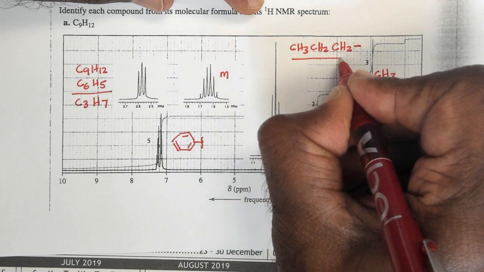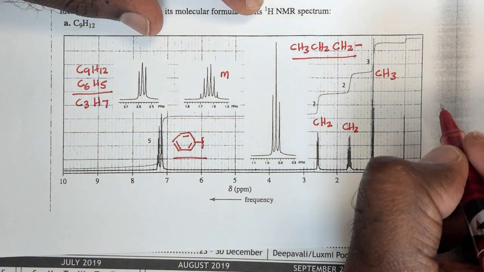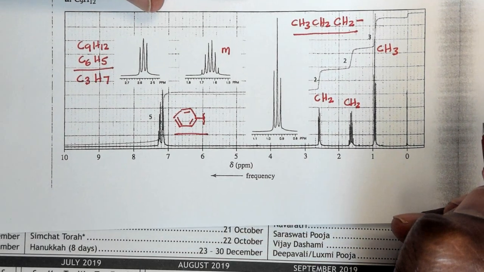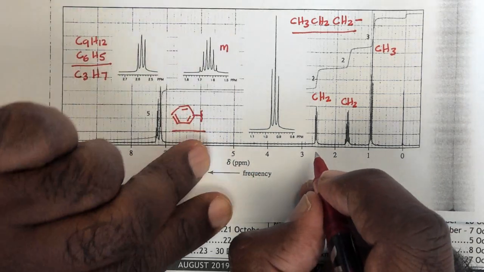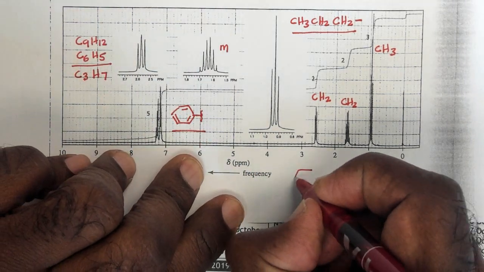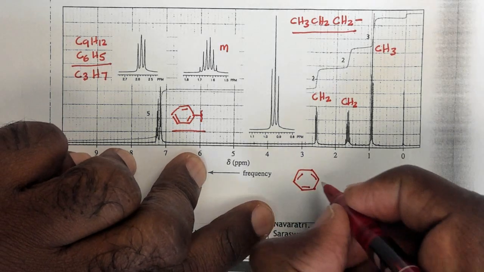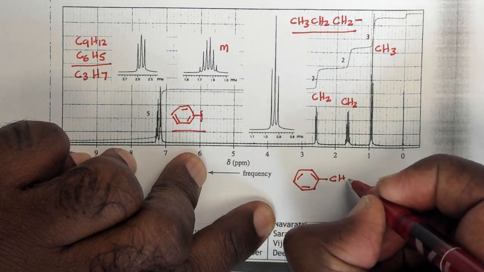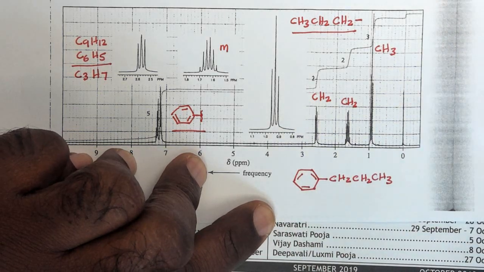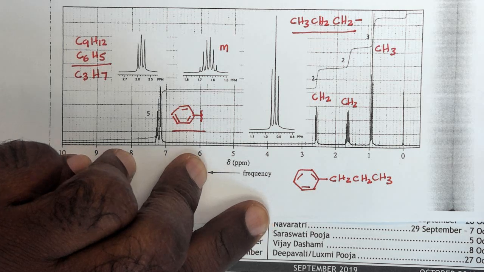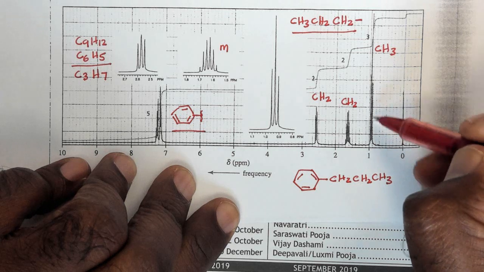So I have this particular fragment and this particular fragment to put together, and I can easily put those 2 fragments together to make a plausible structure. I can join the two up. So my one fragment is here, and I join the CH2, CH2, CH3 fragment to that. You need to note that the CH3 is in the chemical shift of the methyl region.